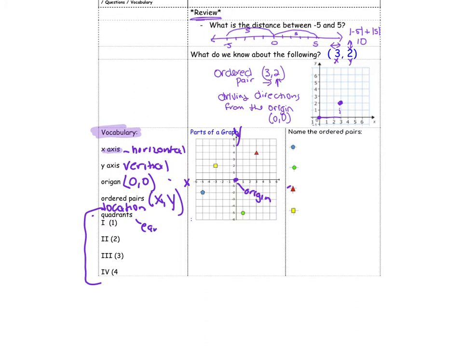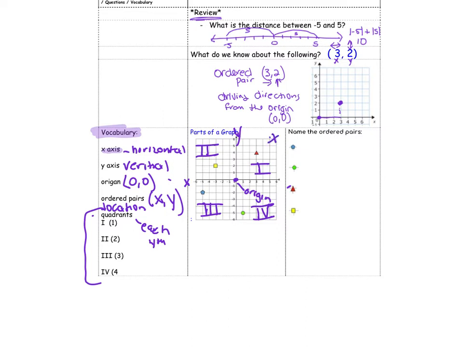And they don't have to be exactly a fourth. You could have the axes not completely centered, that's okay. But regardless, this is the first quadrant, this is the second quadrant, this is the third quadrant, and this is the fourth quadrant. And I usually see them in Roman numerals, so that's why I wrote them in Roman numerals.